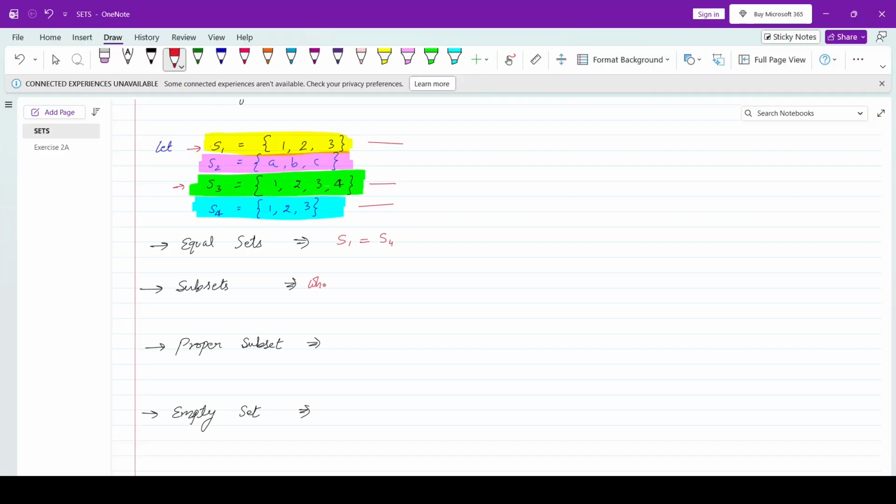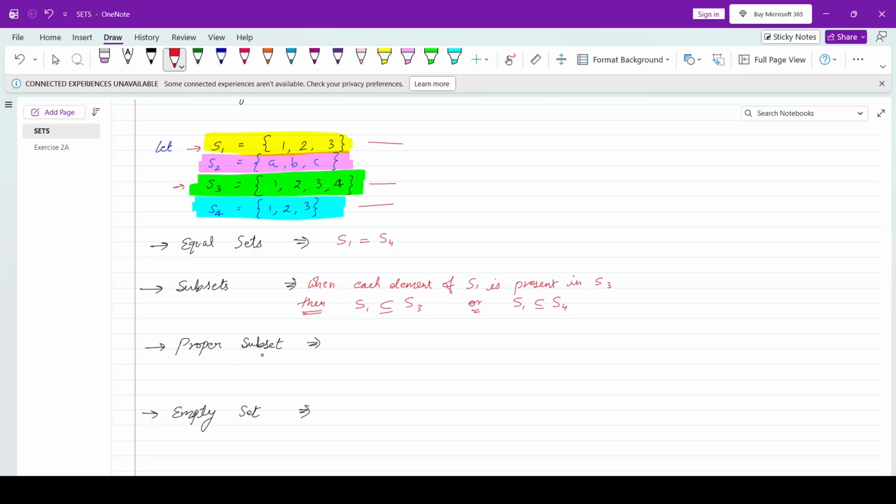So when each element of S1 is present in S3, then we can say S1 is a subset of S3. Now each element of S1 is also present in S4, so S1 is also a subset of S4.